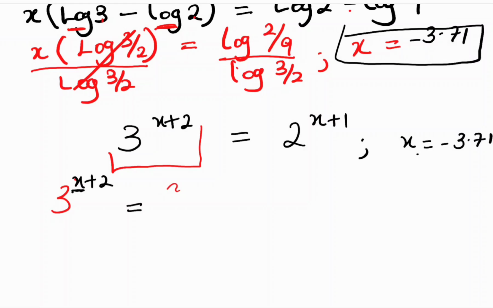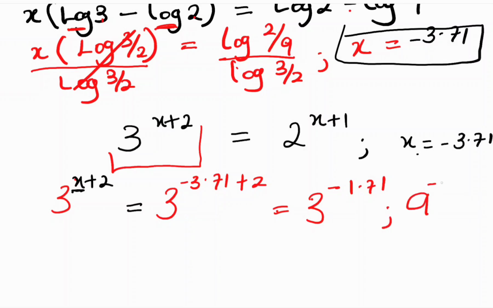And this is going to give us 3 to the power of minus 3.71 plus 2, and when you put it, you are getting 3 to the power of minus 1.71. Okay, since we have a negative value in the exponent, like a to the power of minus m, in indices it is the same thing as 1 over a to the power of m.